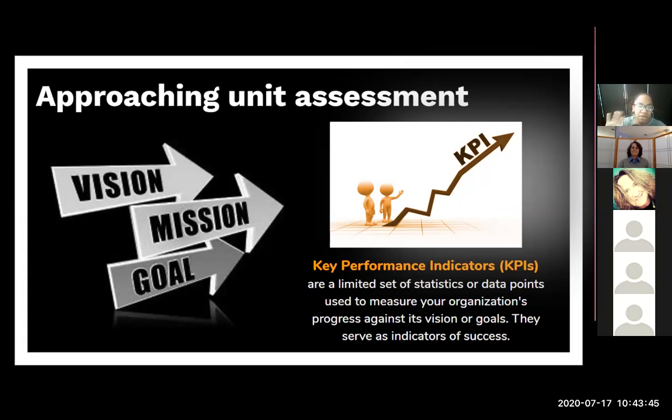Residential life is a huge operation, a big department, and we have several units within it, but you get my point, right? Once I am looking at my department's mission statement, I have to parse out what the major services are that we provide to our students, or to other departments.